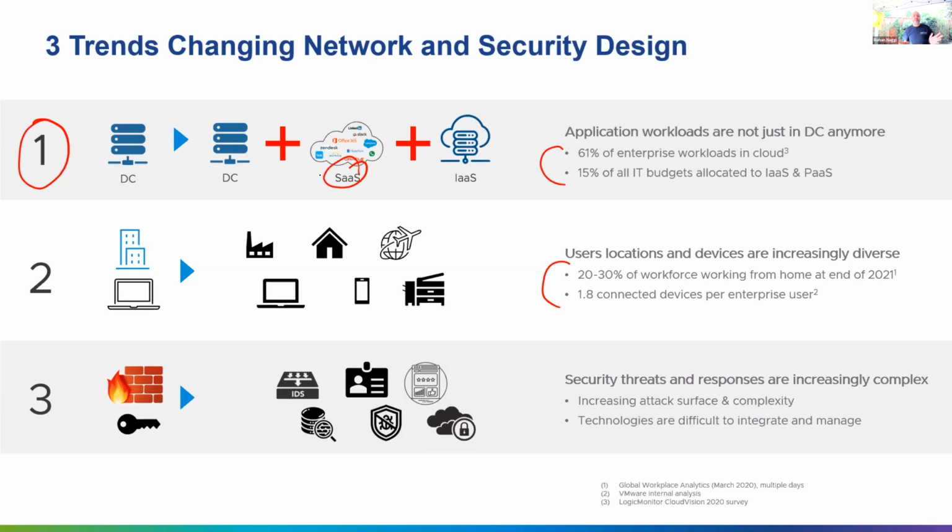It's like bring your own device. So users' locations have changed. At the same time, the types of devices have increased. Even IoT devices are getting connected to the network. So there is growth happening in that area.